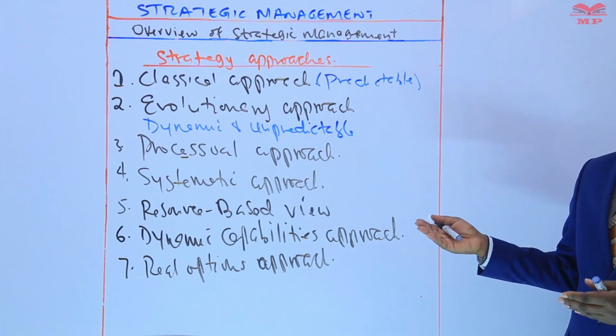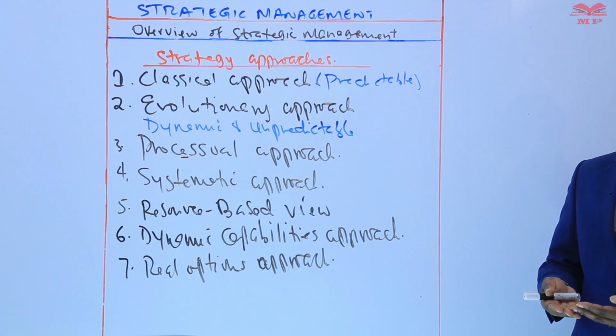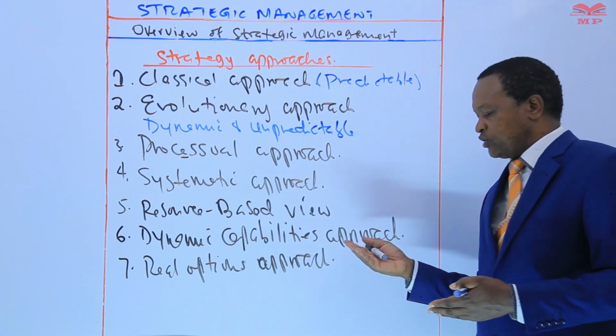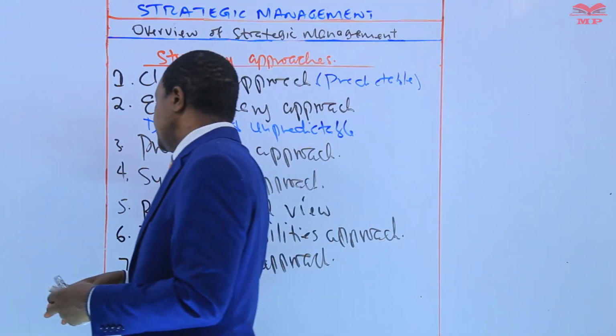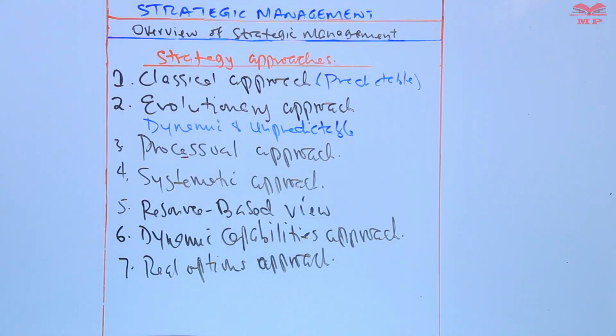So, candidates, these are just a few of the many strategy approaches that are available, and organizations may adopt one, or an organization may adopt a combination of these approaches depending on their specific needs and circumstances.